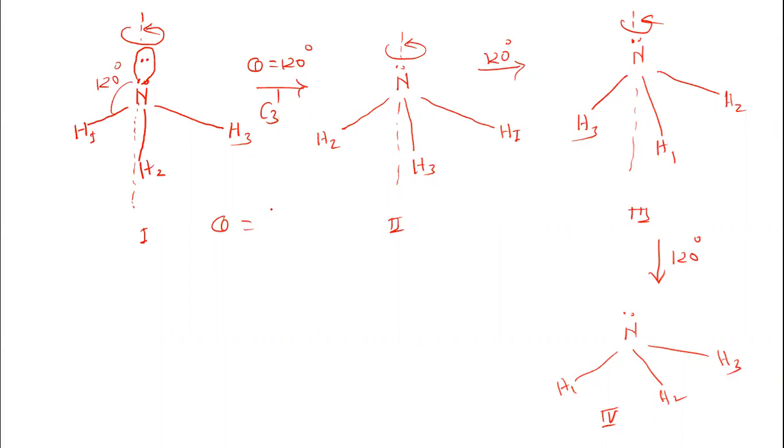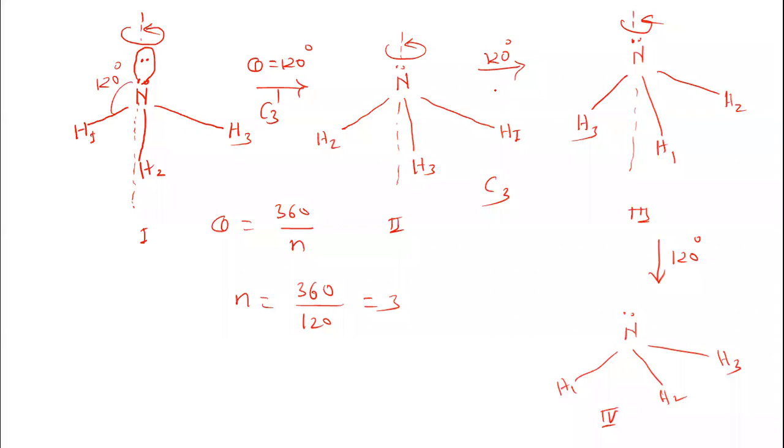Theta is equal to 2π upon n, that is 360 divided by n, so n is equal to 360 upon theta. Theta is 120 degrees here, so n is equal to 3. So the order of the axis is C3. It means the ammonia molecule has a proper rotational axis C3.